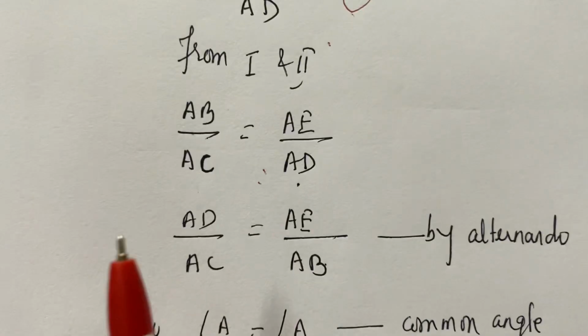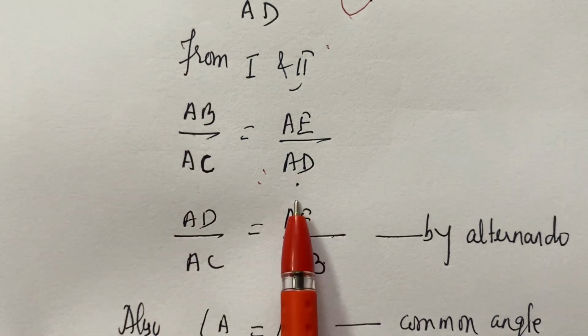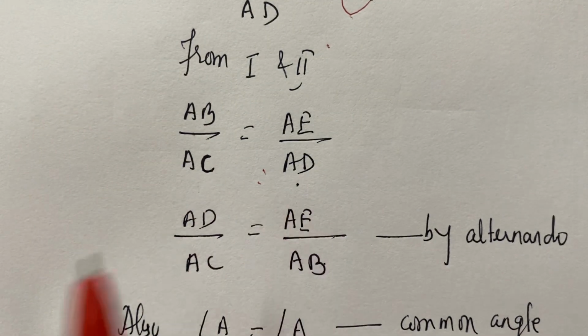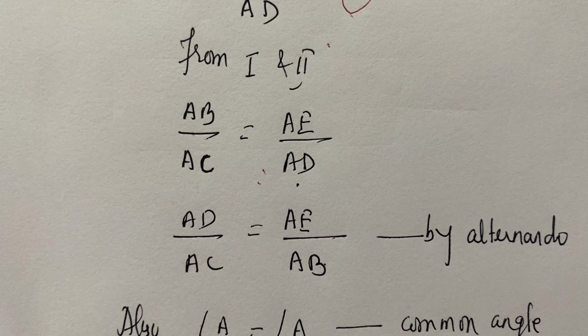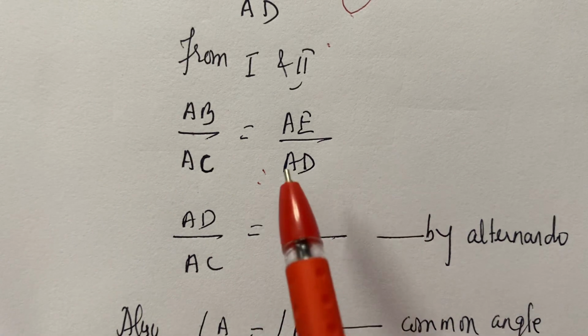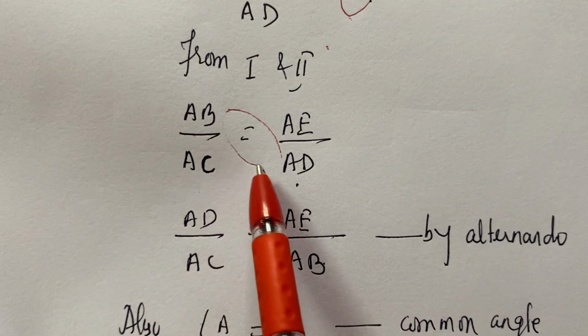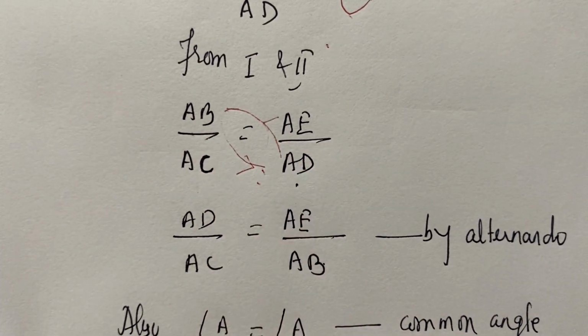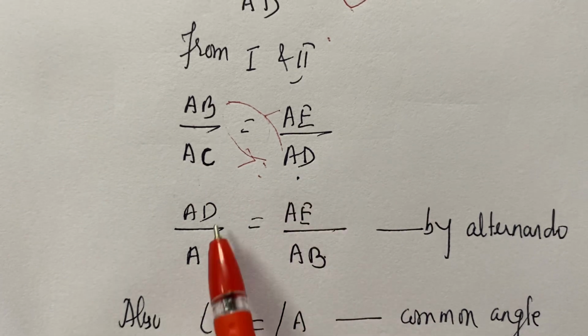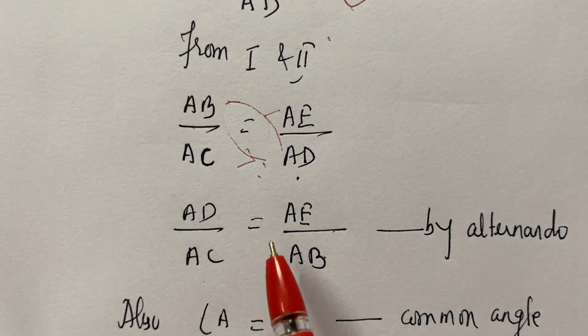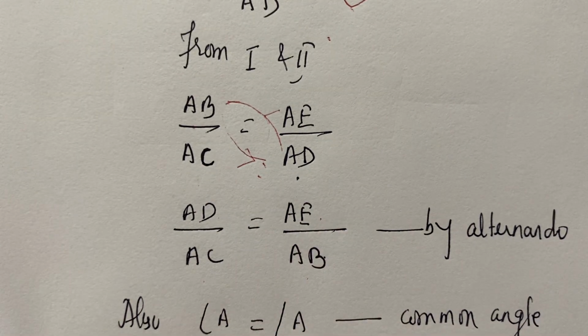Are you getting that? So on the contrary, what are we getting? AB upon AC is AE upon AD. So we will apply a property termed alternando. We will shift this AD over here and AB over here. Getting that? So you will get AD upon AC is equal to AE upon AB by alternando.